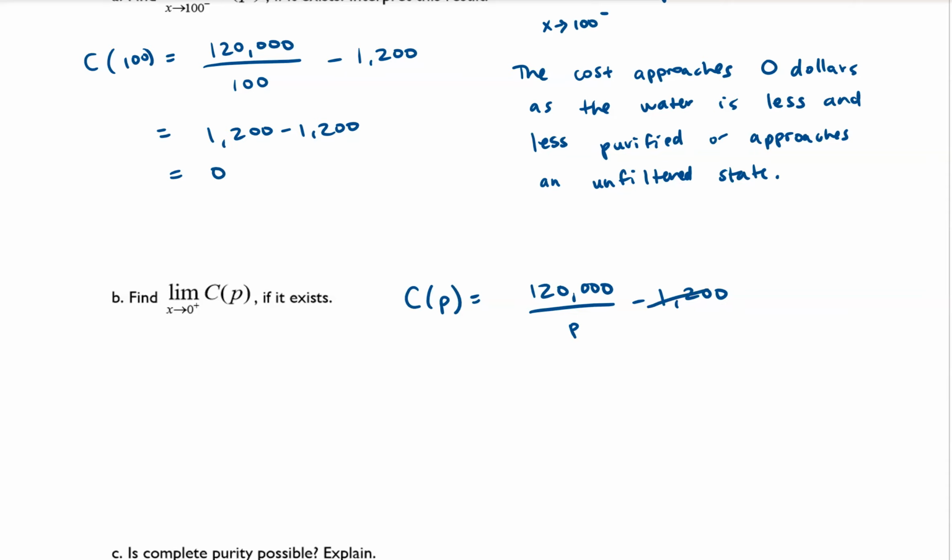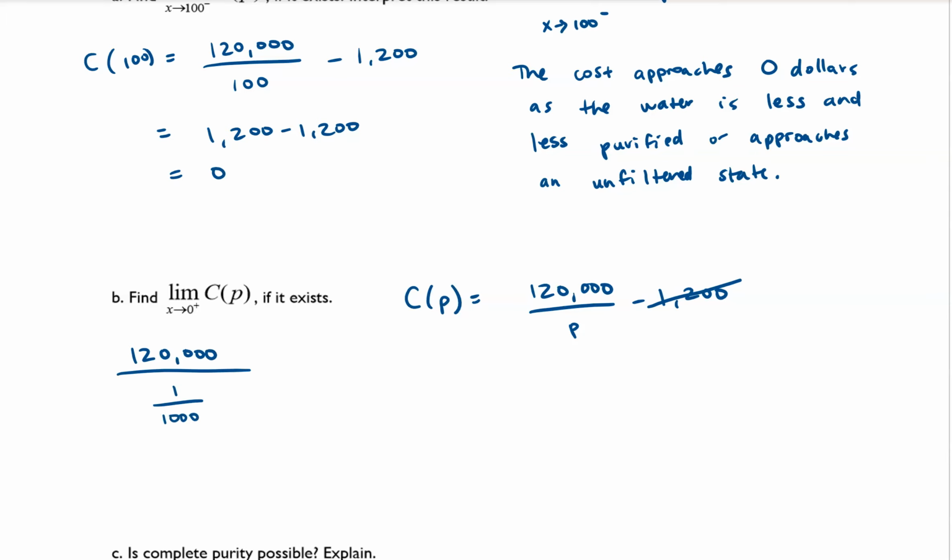But let's ignore the 1200 part for right now, and just think that our cost function is 120,000 divided by P. Now, if we're approaching 0 from the right-hand side, that means our number is very, very, very small. So what if we plugged in something like P to be 1 over 1,000?